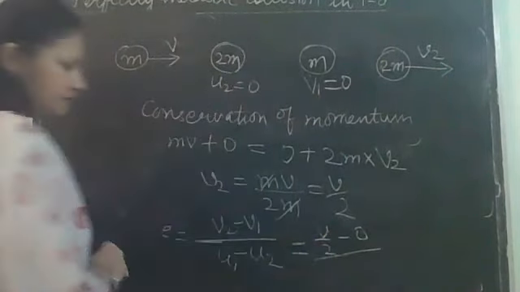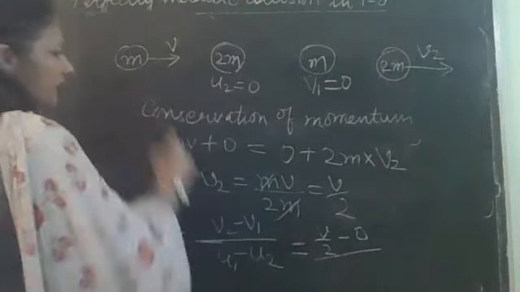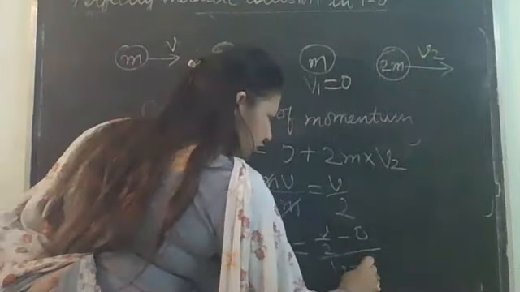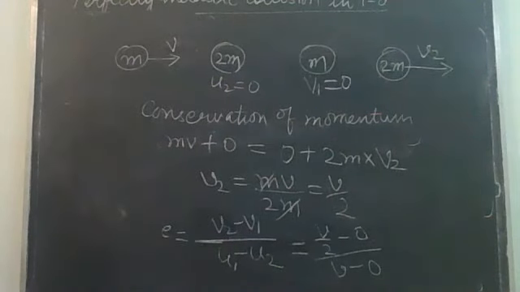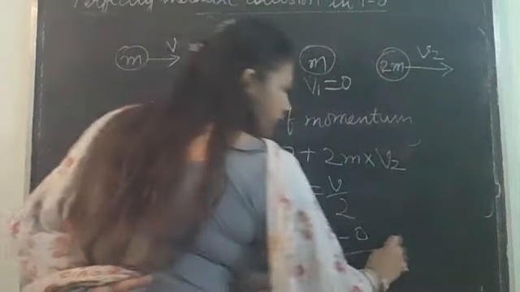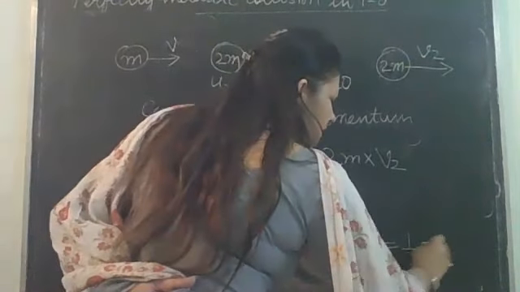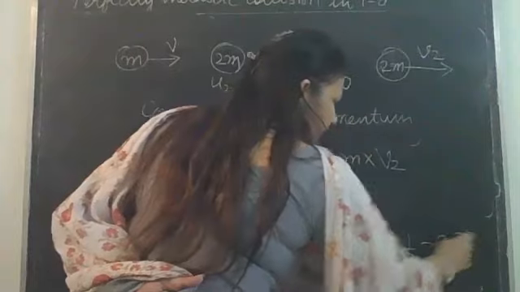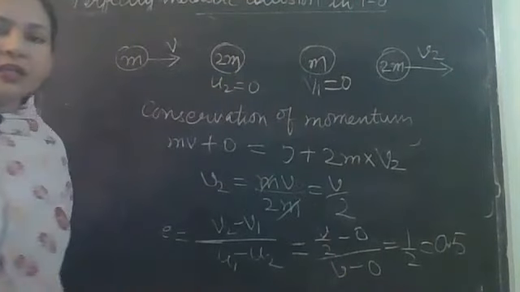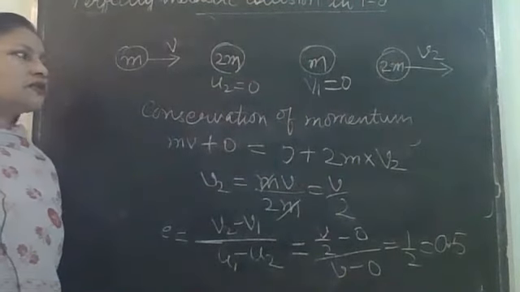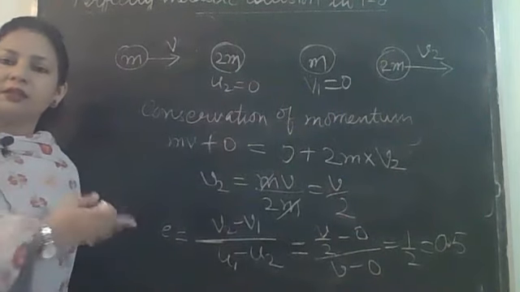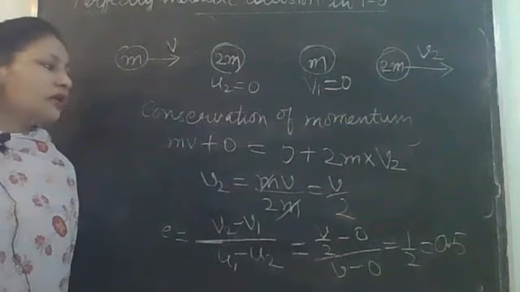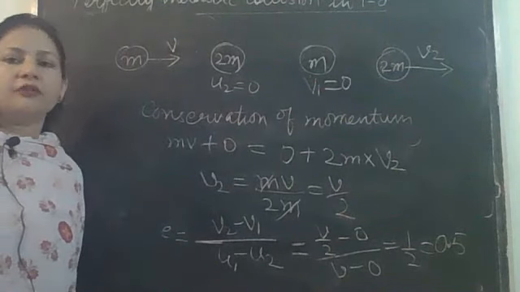That is 0. u1 is v and u2 is 0. We have substituted all the values. So we get coefficient of restitution half. So the value of e is 0.5, as we already expected that in case of perfectly elastic collision e is 1. So e is coming out to be 0.5.